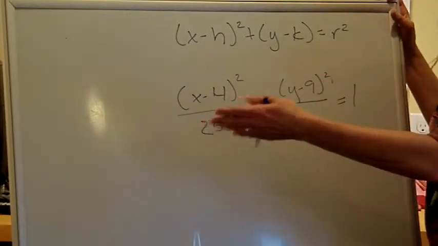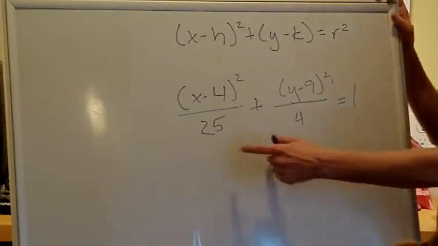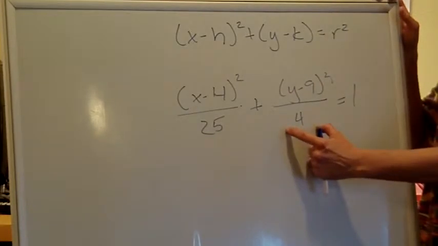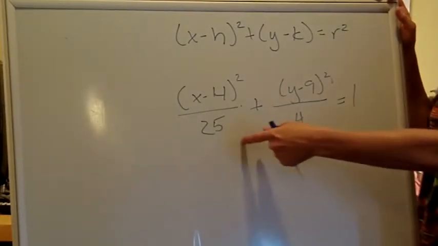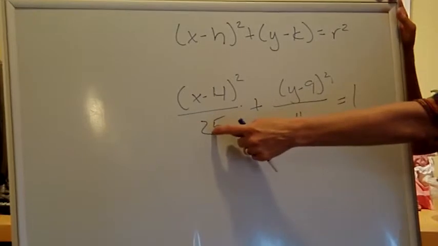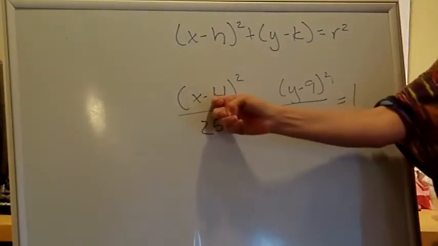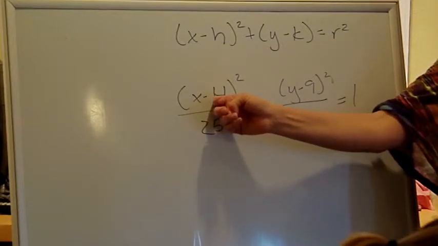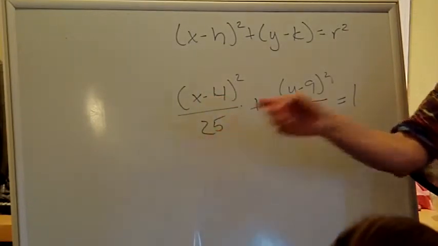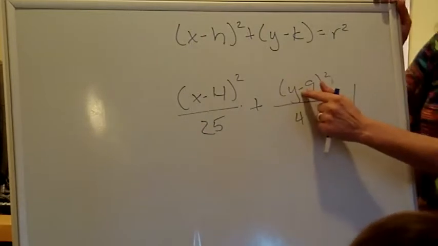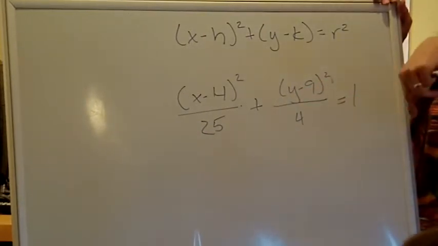It's the horizontal distance from the center, and this is the vertical distance from the center. That's what those two numbers represent. It's really the square root of this, because from the center of your ellipse, you can go 5 to the left and 5 to the right. And for this part, you can go 2 up and 2 down.